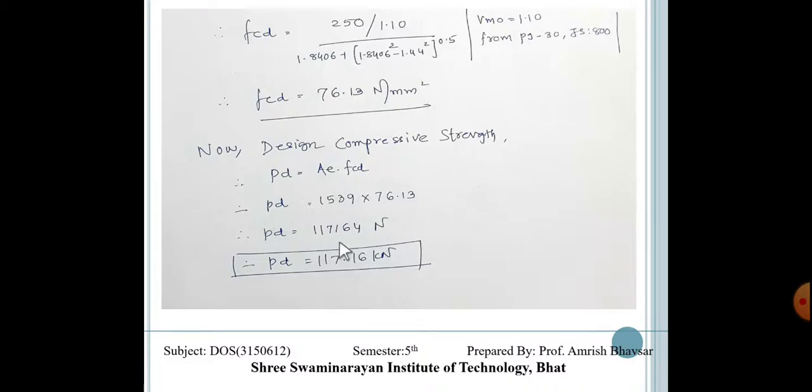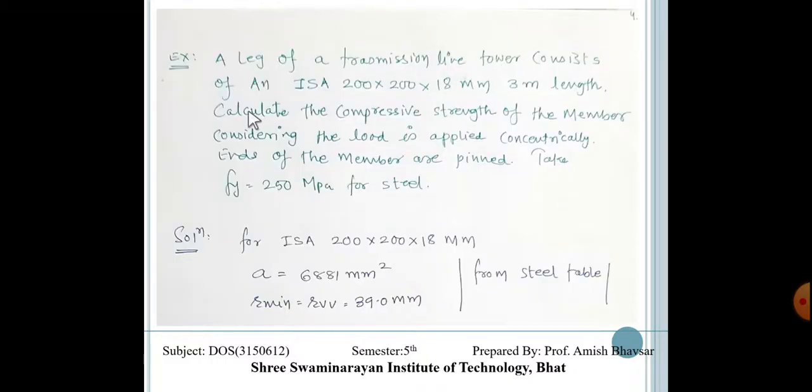For the understanding of this, I have taken another example. What they have given? A leg of transmission line tower consists of an ISA 200 by 18 mm and 3 meter long.